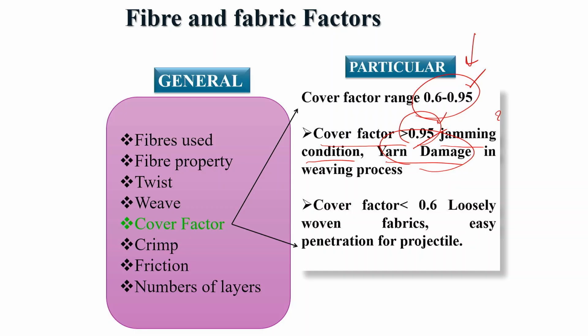On the other hand, if it is a loose structure, so the cover factor is low, then the projectile can penetrate very easily. So, the cover factor should be optimum. Next one is the crimp.